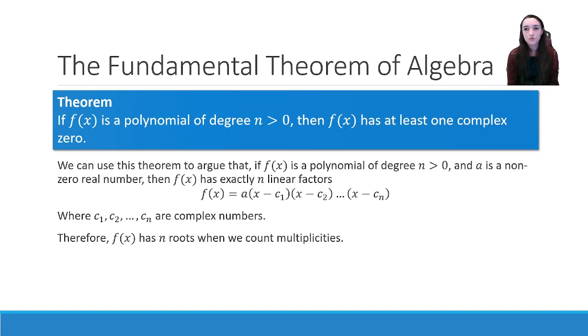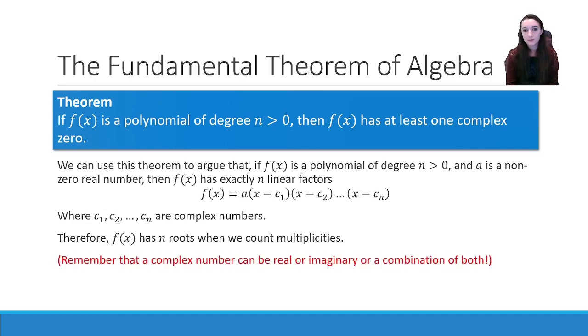That's not always true, at least not when we deal with only real factors. But as soon as we include our complex zeros, no matter what, if we count our multiplicities, it's always going to add up to the degree of our function.